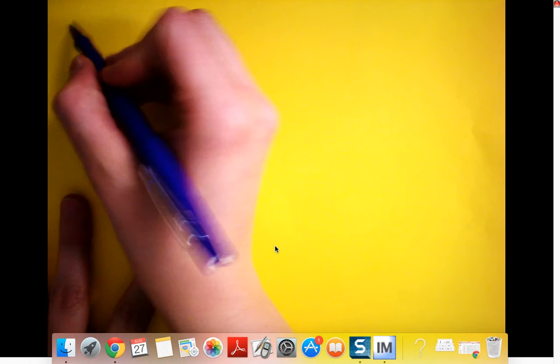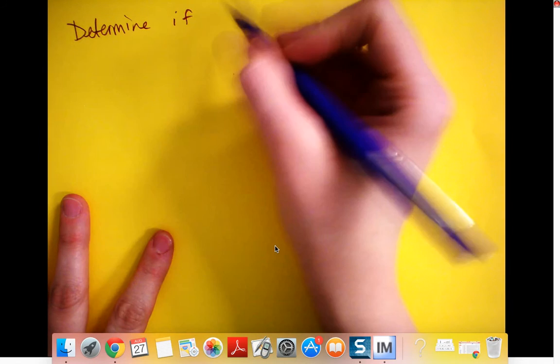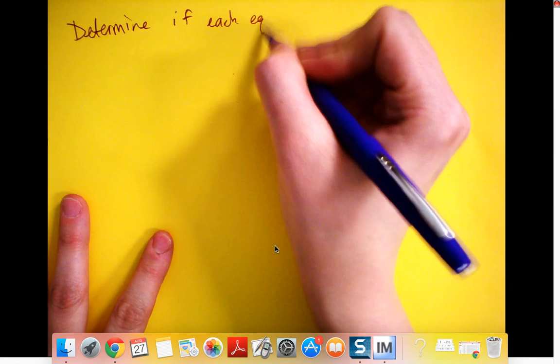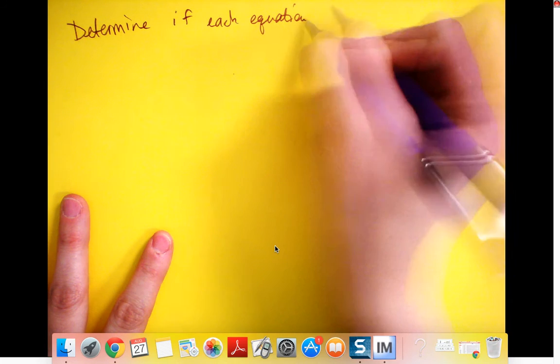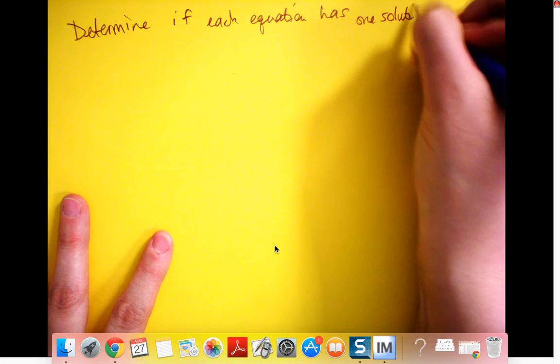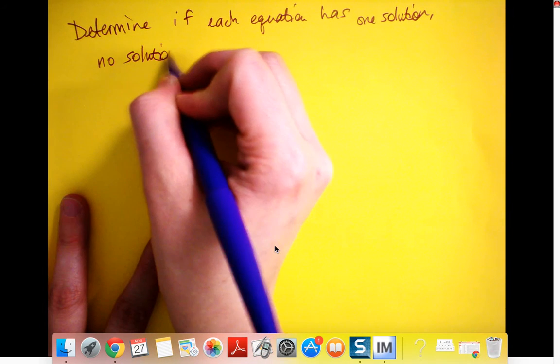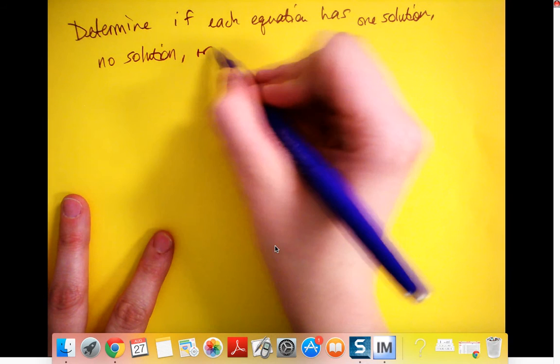We have the first section, the directions say to determine if each equation has one solution, no solution, or infinitely many.